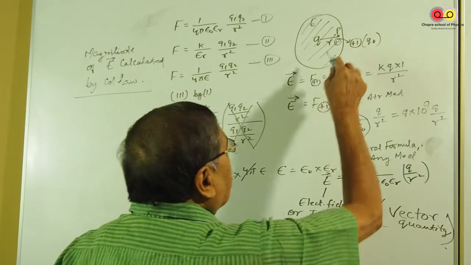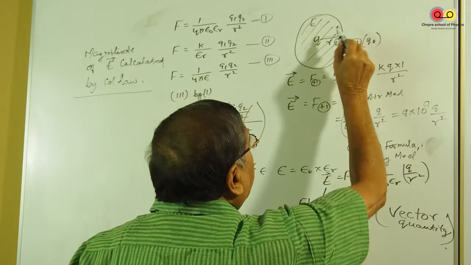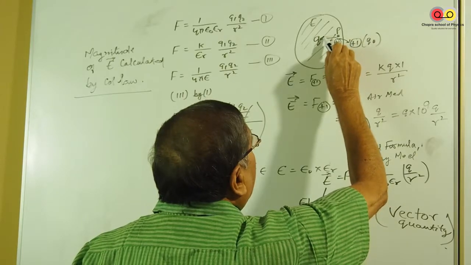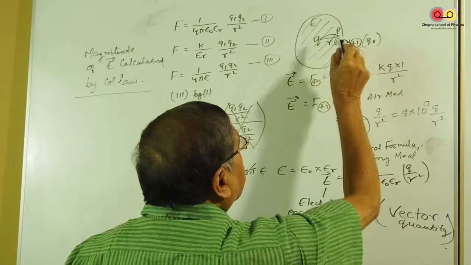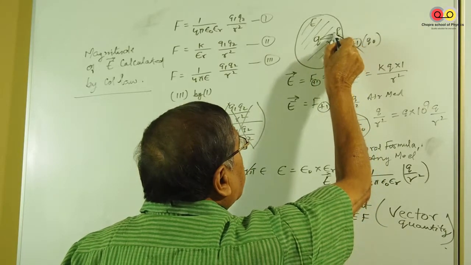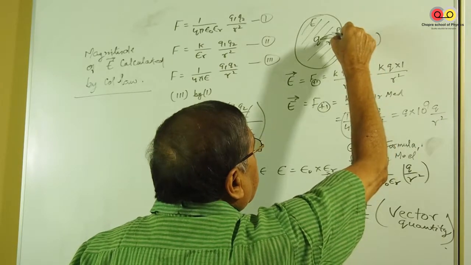You will remember that from this point the electrical line of force is passing like this. If we draw a tangent here, that is the direction of intensity.